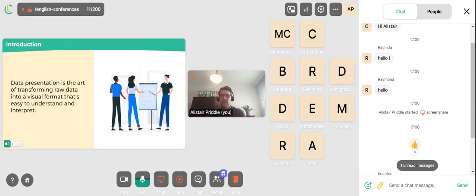So our introduction today: data presentation is the art of transforming raw data into a visual format that's easy to understand and interpret.